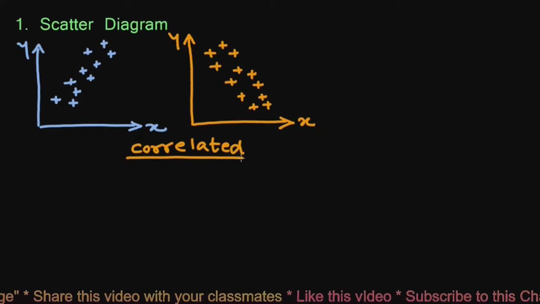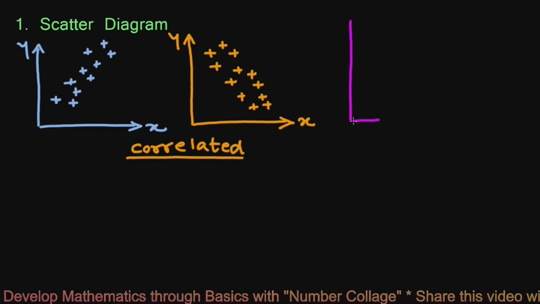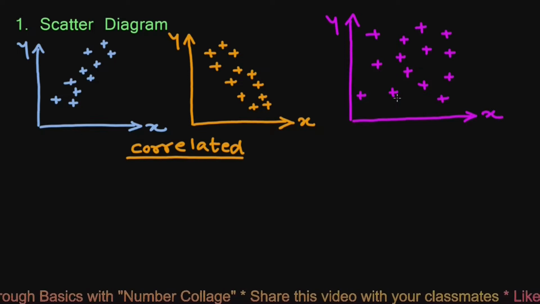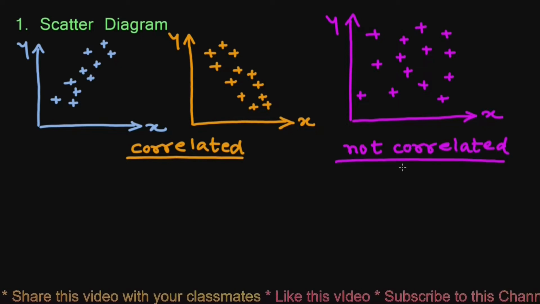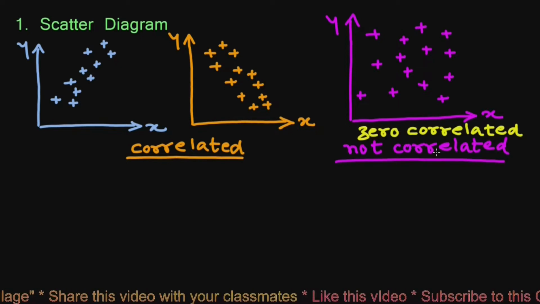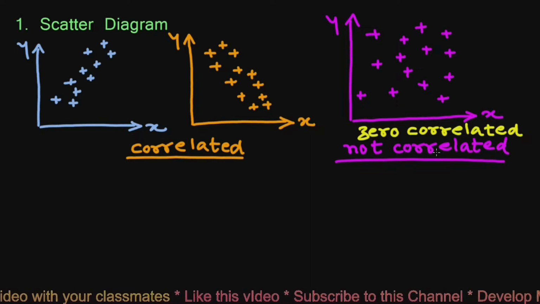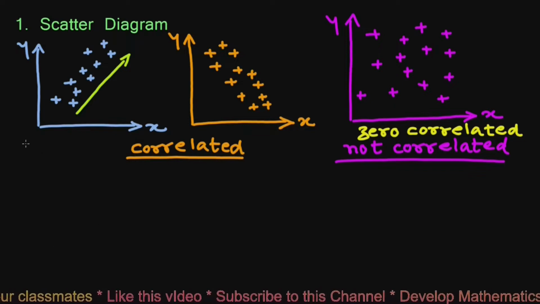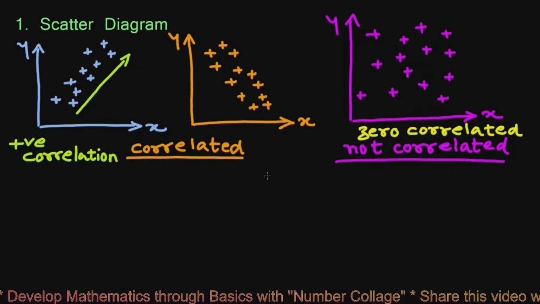If these points spread away from each other, like in this scatter diagram showing no pattern at all, we say that the variables are not correlated, or they are zero correlated. If the points lie in a narrow strip rising from left hand bottom to the right hand top like this, we say that there is positive correlation between the variables x and y.